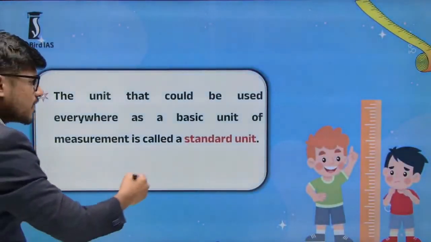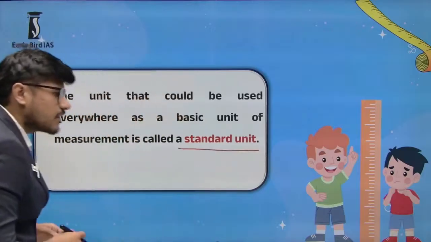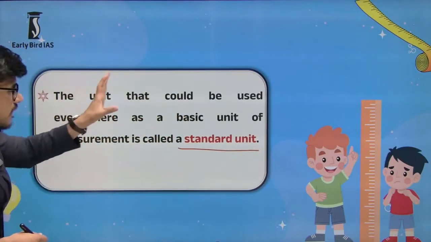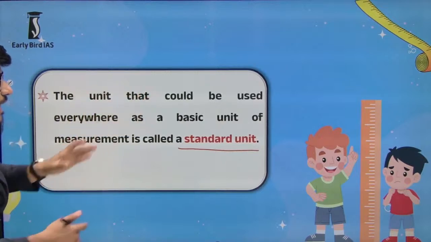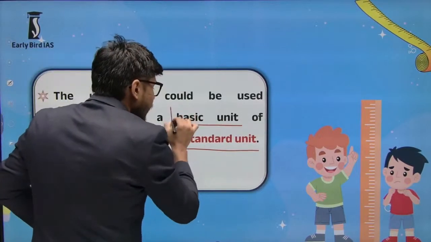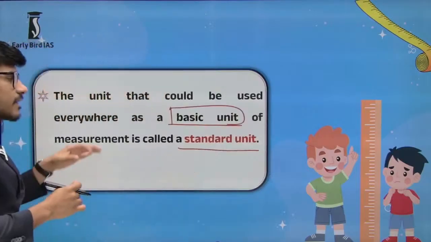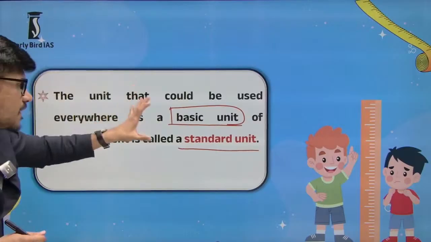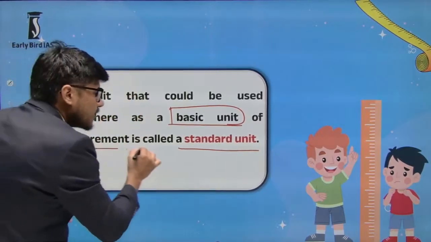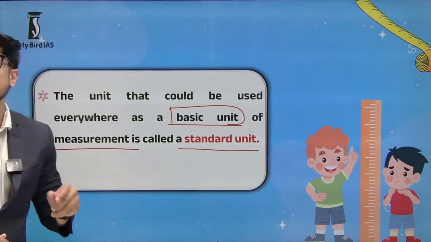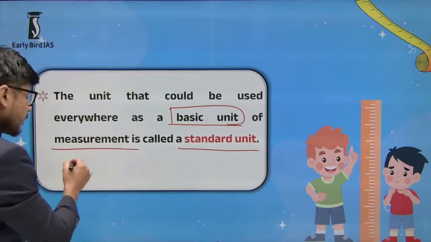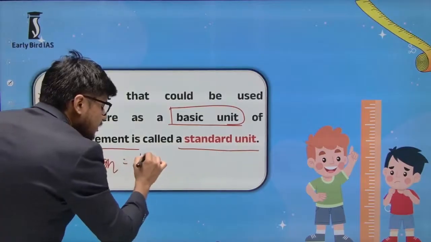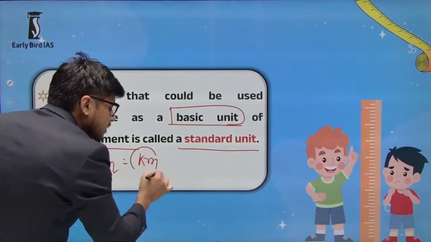So this is the definition of a standard unit. Right now you can guess easily that a standard unit is the unit that could be used everywhere as a basic unit. The unit we use anywhere as a basic unit of measurement is called a standard unit. For example, for length there is the kilometer.